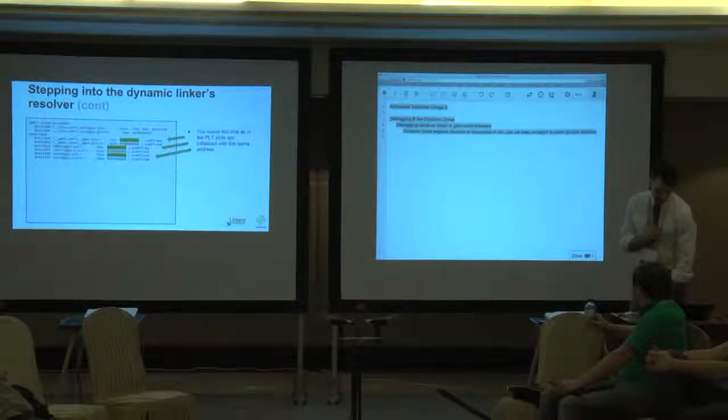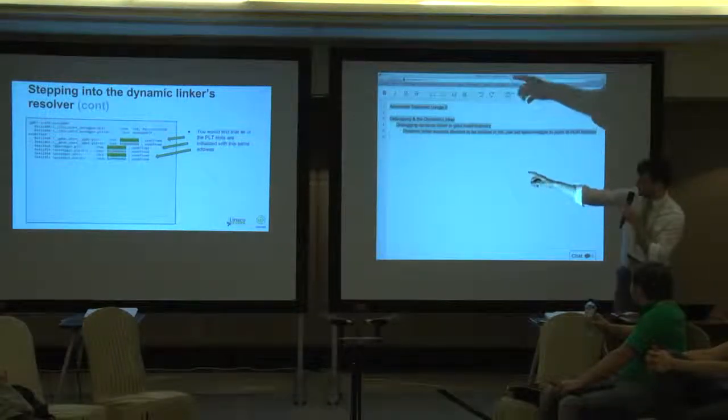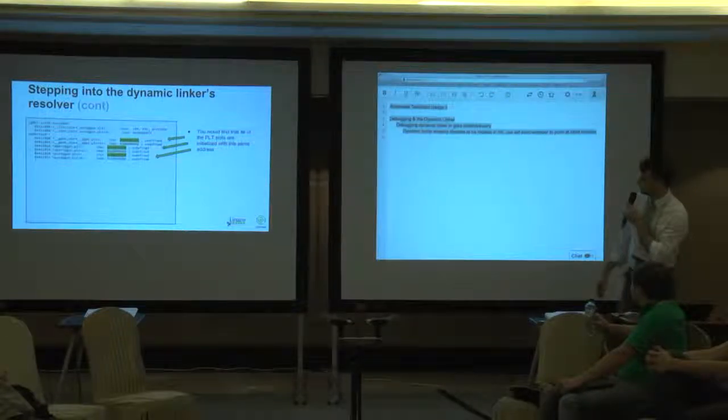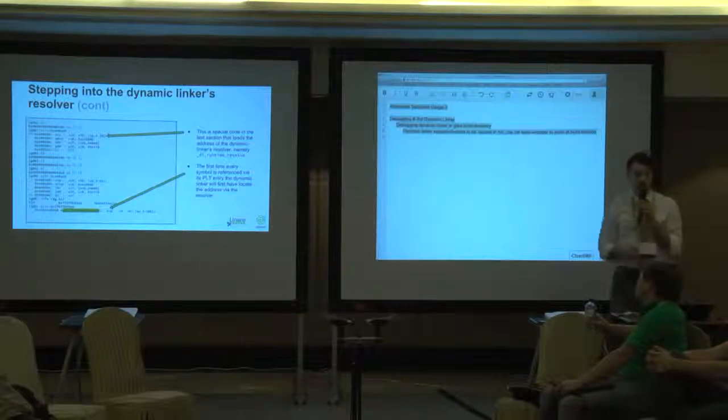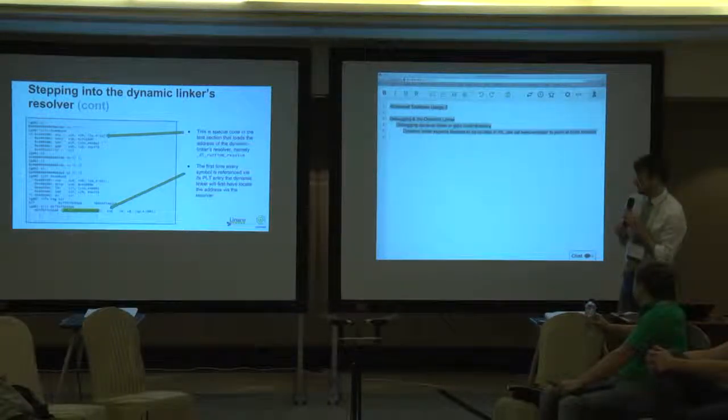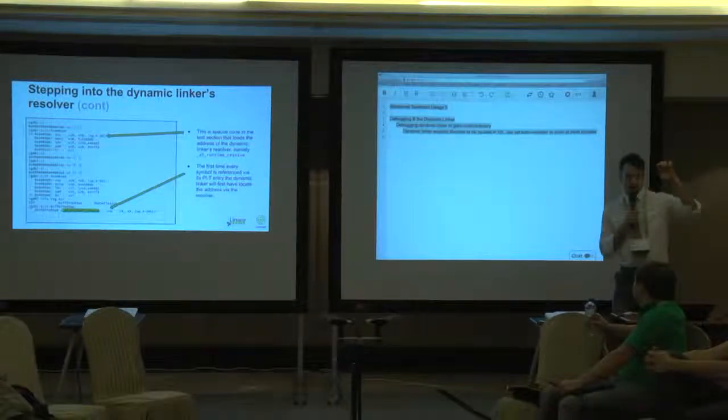Well, if we look at where that position is in the text section, you'll see there's this list. These are all PLT slots, and they're all going to the same spot. And that spot is the resolver. So this is actually a little chunk of code which gets you into the resolver.